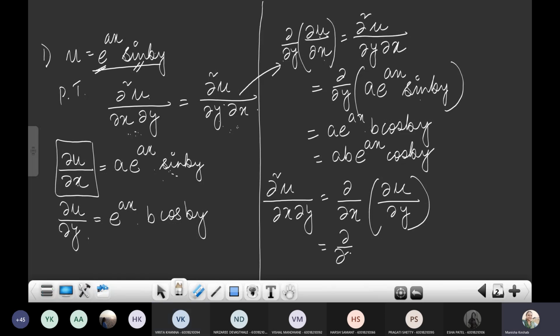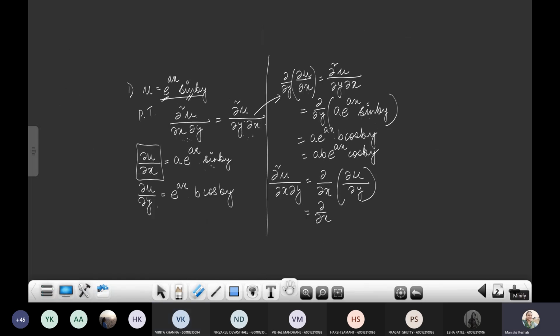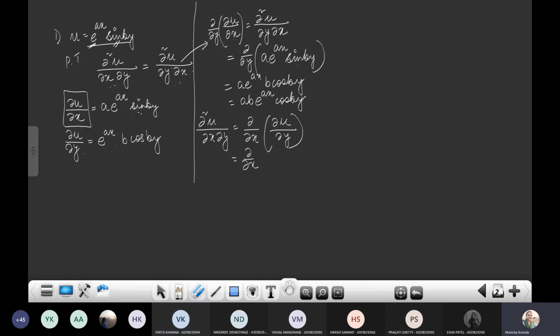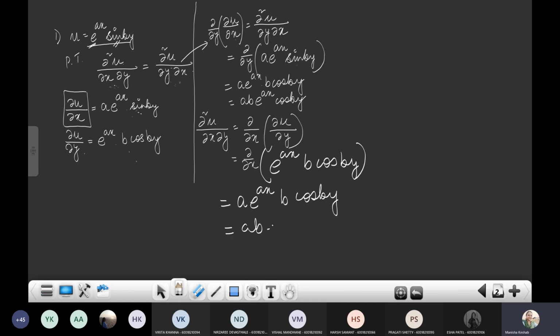Okay. So del x of, now let us substitute del u del y, which is e power ax into b cos by. Now we are differentiating with respect to x, so it will be a e power ax b cos by, which is equal to ab e power ax cos by. So we can write here 1 and 2.